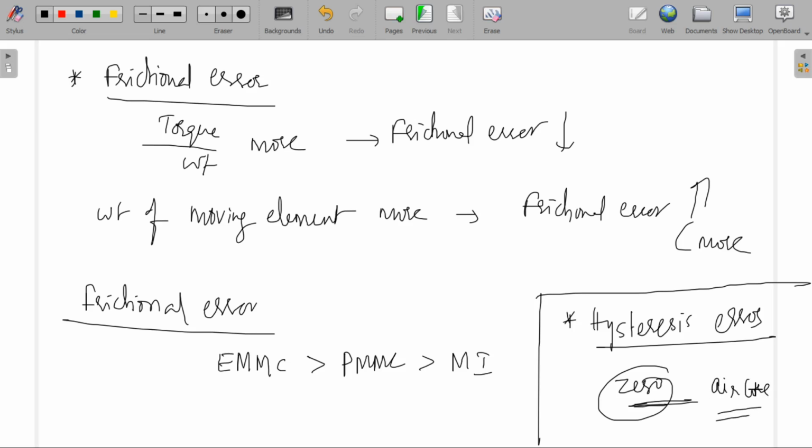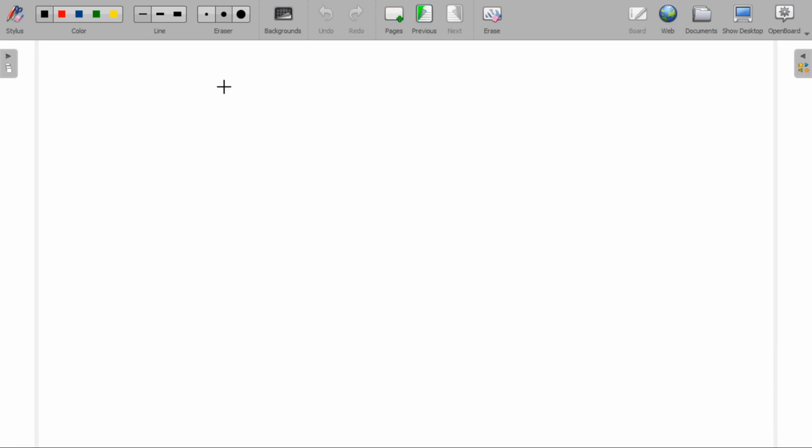We will not use any iron related materials. Here we use air core. Okay. Current coils are air cooled. That's why hysteresis error is zero. Okay. Except frictional error.